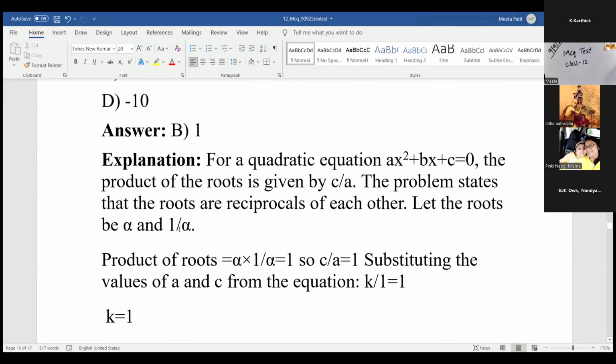The product alpha into 1 by alpha will be 1. We already know that according to the quadratic equation, the product of roots is c by a. So c by a is equal to 1. Substituting the values of a and c from the equation, k by 1 is equal to 1.